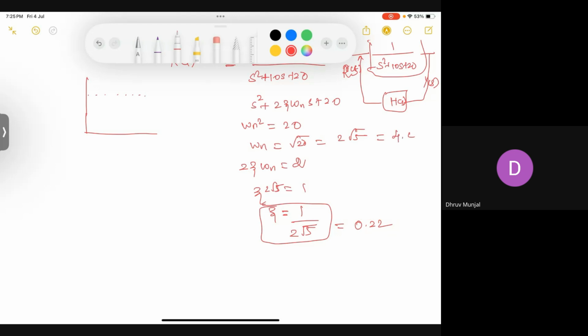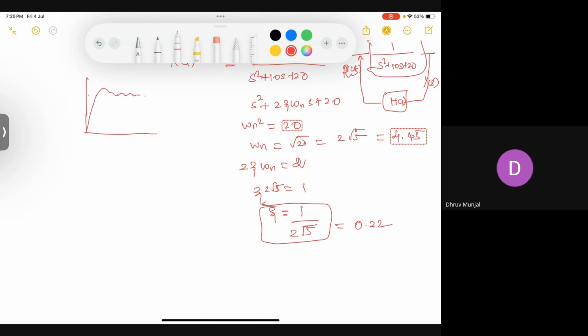So the natural frequency of the system is around 4.47 and the zeta value is 0.22. So it is clearly an underdamped system, right? So your response should look something like this.